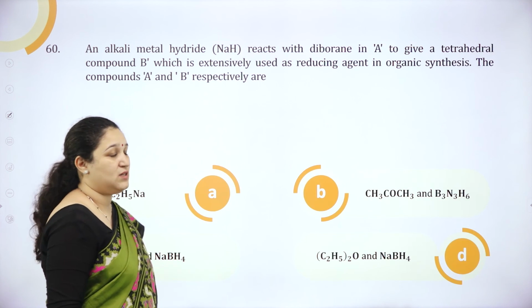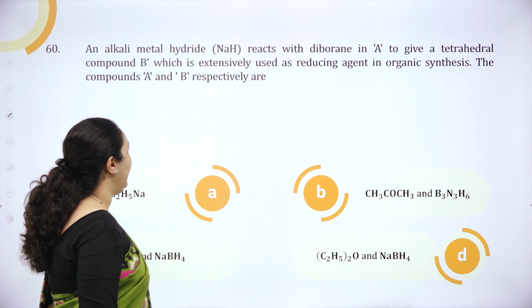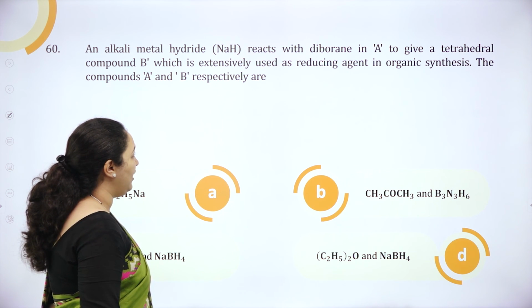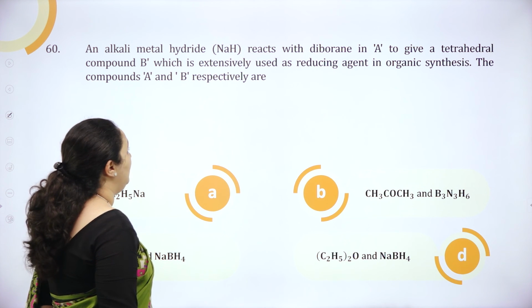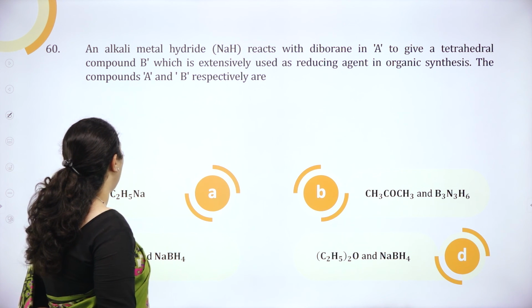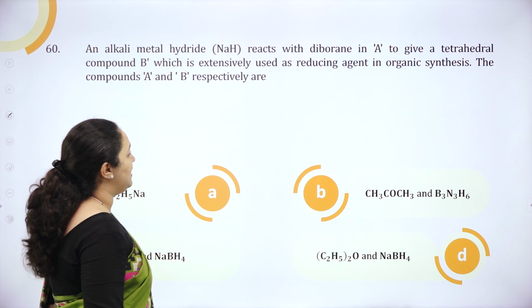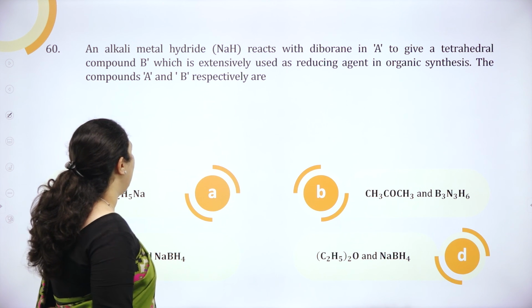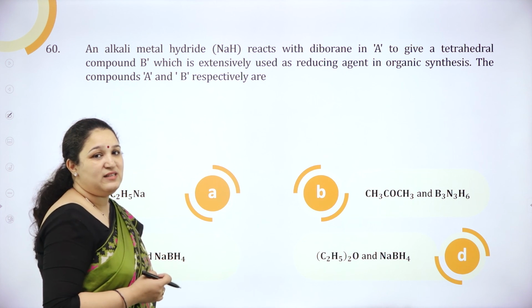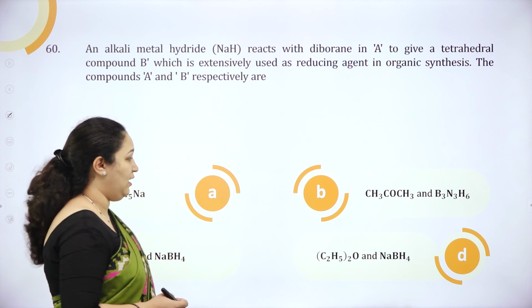Okay, last question. An alkali metal hydride NaH reacts with diborane in A to give a tetrahedral compound B, which is extensively used as reducing agent in organic synthesis. The compounds A and B are, I'll just write the equation, then of course we can tick the correct answer.